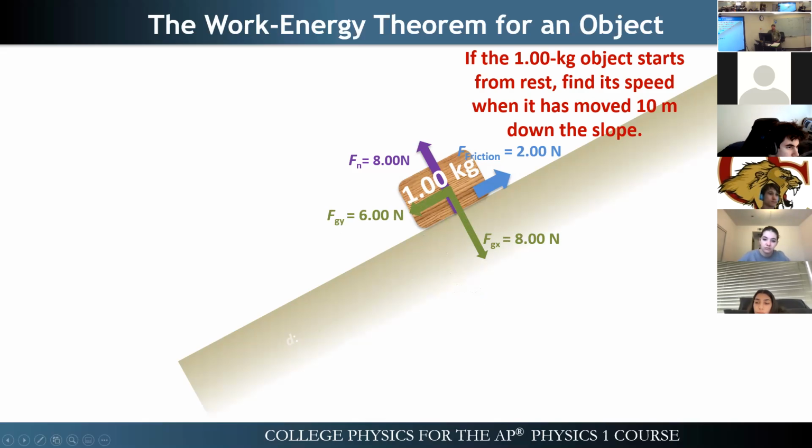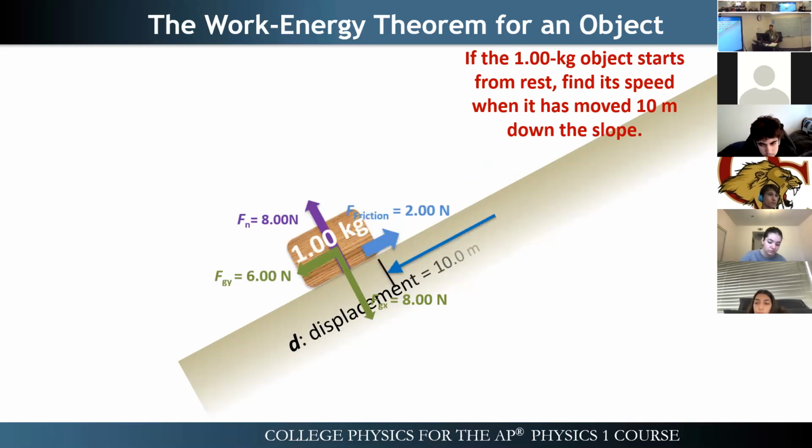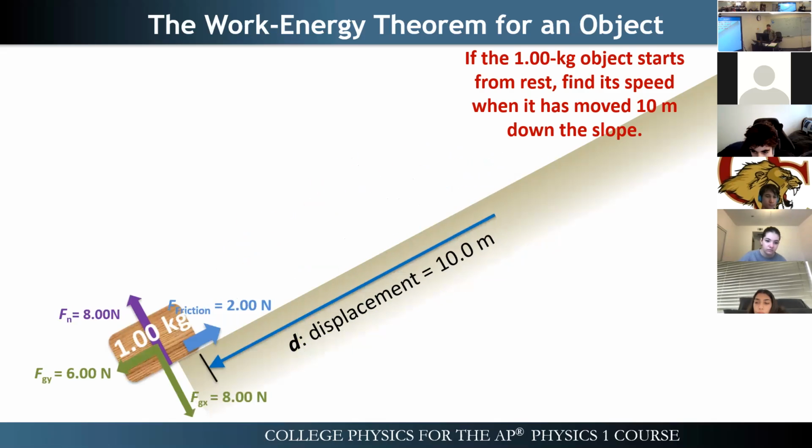So the 6 newtons in what they're calling the y direction is parallel to the slope, so it would be doing work. But the 8 newtons perpendicular to the slope, because of that perpendicular angle, would not be doing work, right?